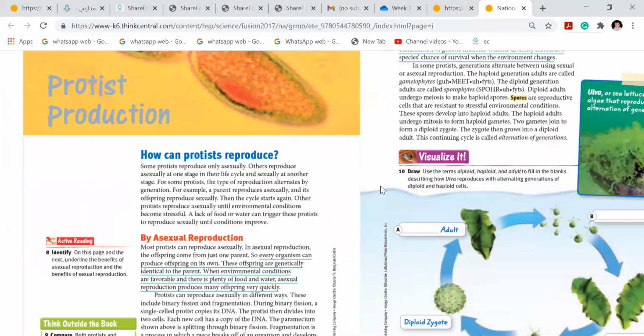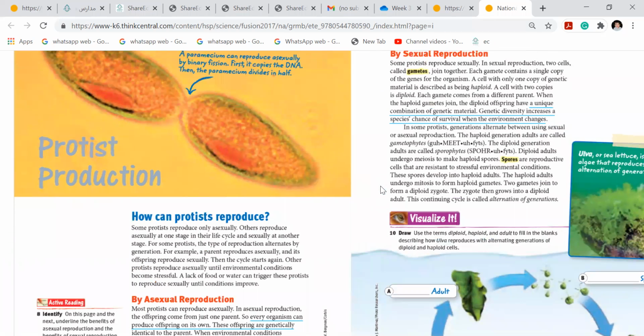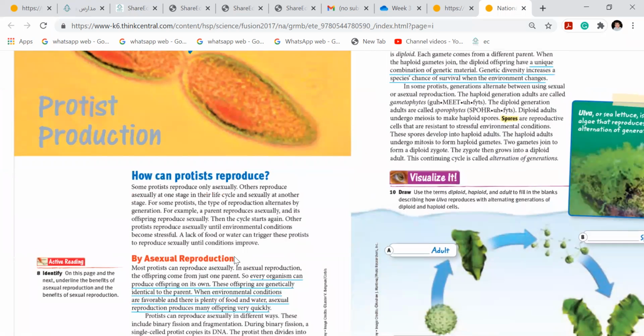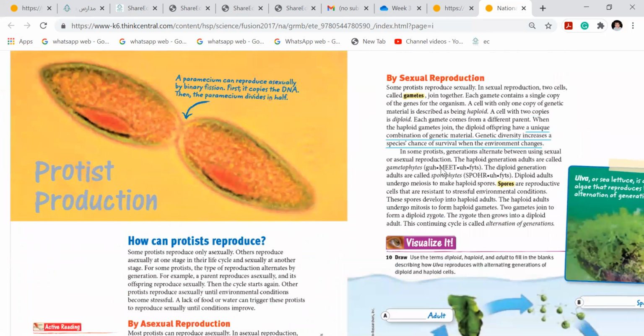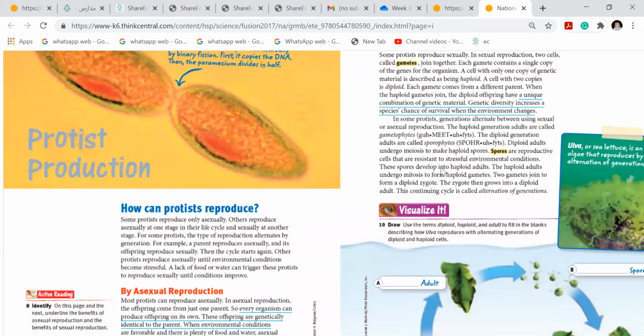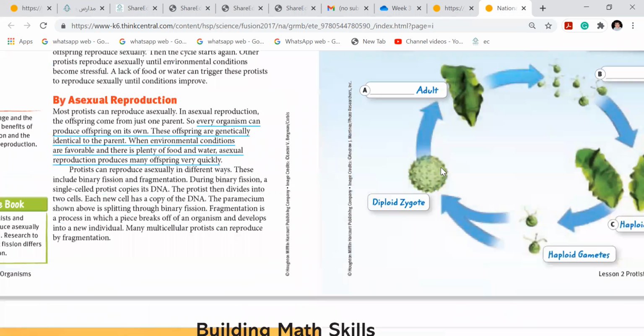Now coming here, protists are also produced by asexual or sexual reproduction. When I talk about asexual, every organism can produce offspring on its own. These offspring are genetically identical to the parent. When we say the word identical, that means it is asexual reproduction.